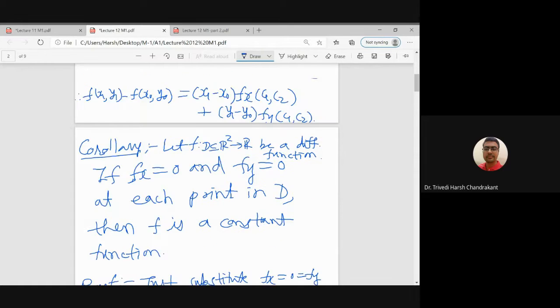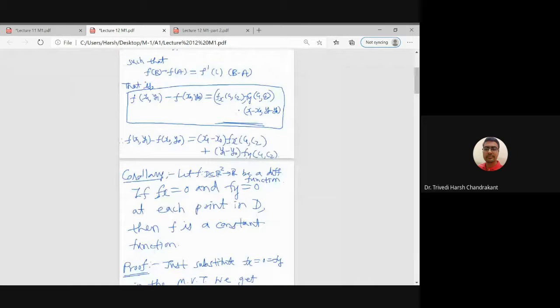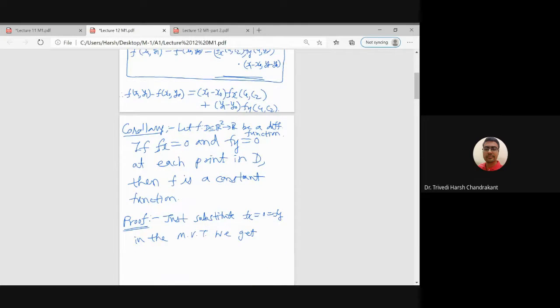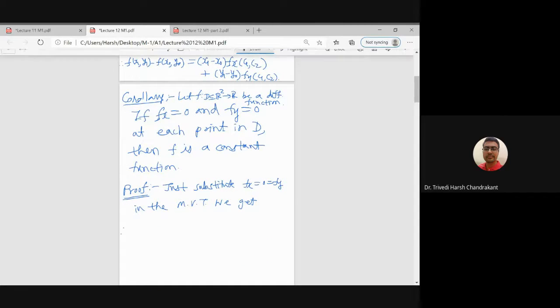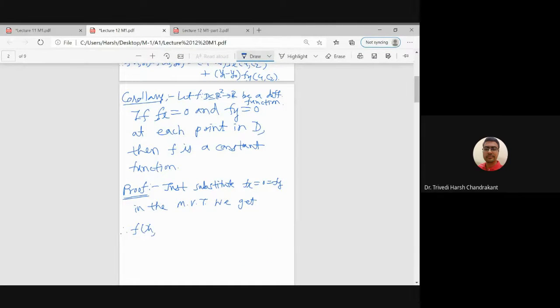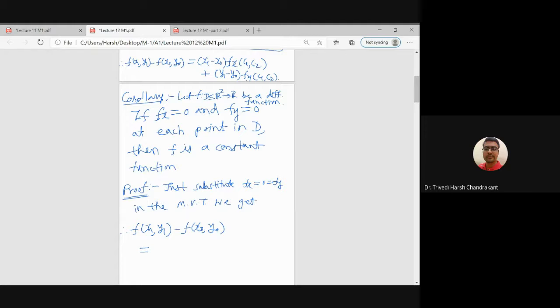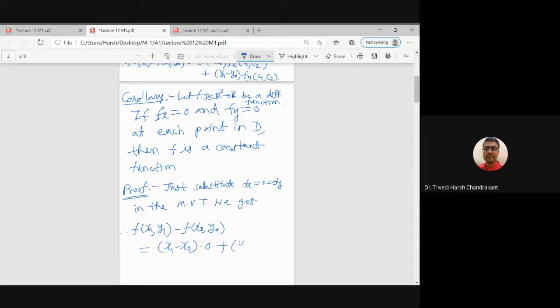So what we'll get is fx is 0, fy is 0, and x minus x naught and y minus y naught are non-zero, but still the product will be 0. So therefore f of x1 y1 minus f of x naught y naught, which is x1 minus x naught times 0, because fx is 0, plus y1 minus y naught times 0.